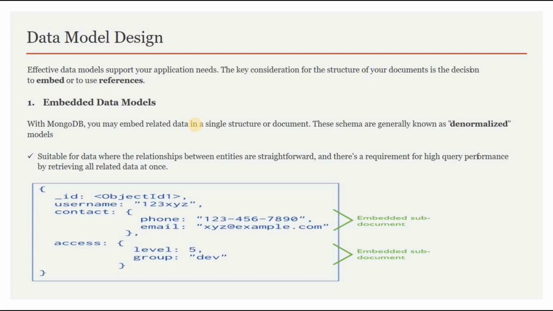This schema is generally known as denormalized. It's suitable for data where the relationship between entities is straightforward and there's a requirement for high query performance by retrieving all related data at once.